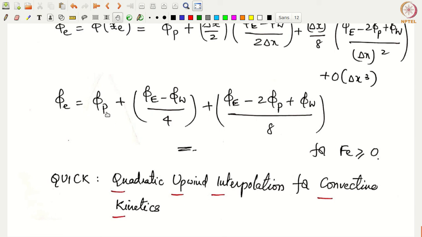If your Fe is negative, what would you expect? What would be your phi p? Phi p would be shifted to phi capital E. And what would be the central differencing for Fe less than 0?